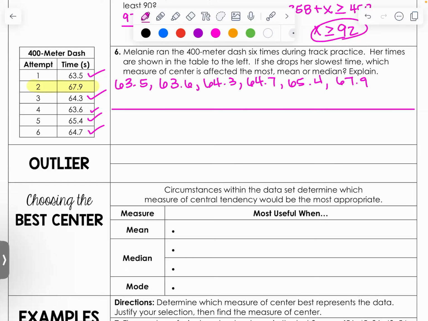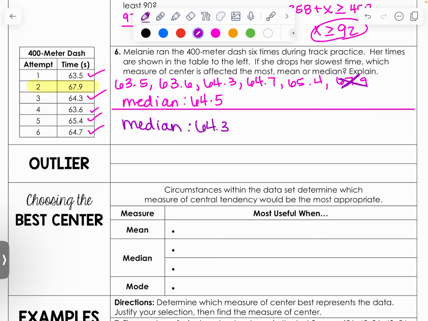What's the median? It's going to be in between these two. Can you average those for me? That's 64.55. Okay. Yeah. Now, if we get rid of this guy, what's our median?